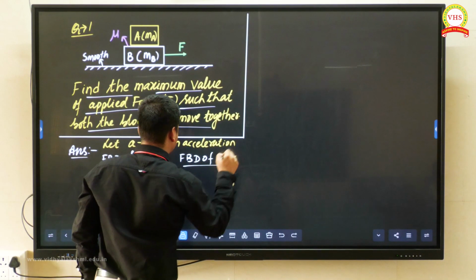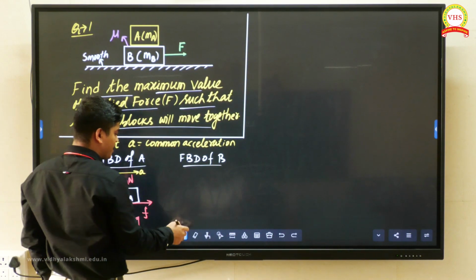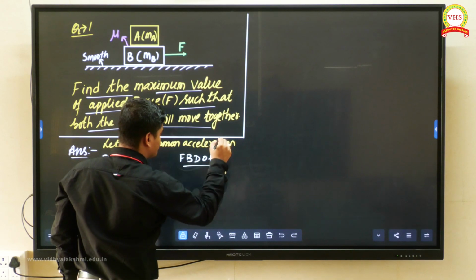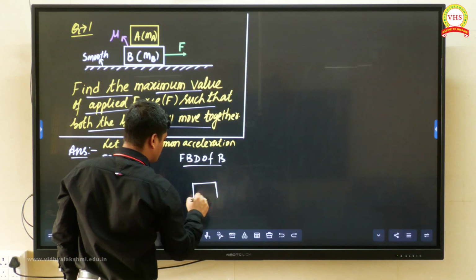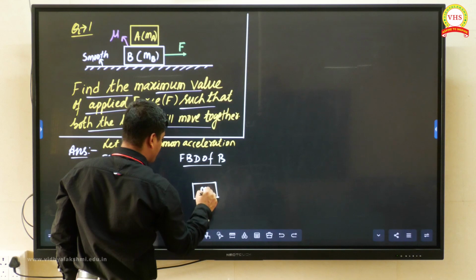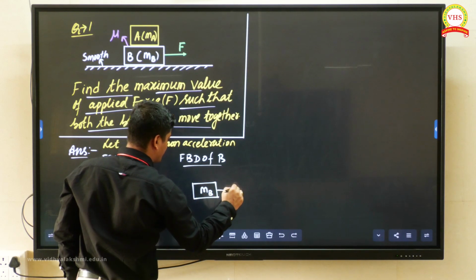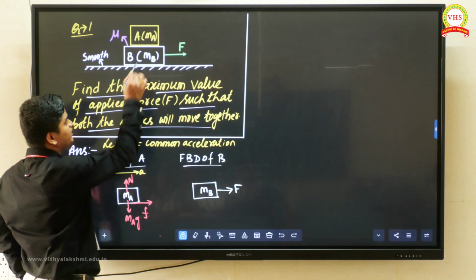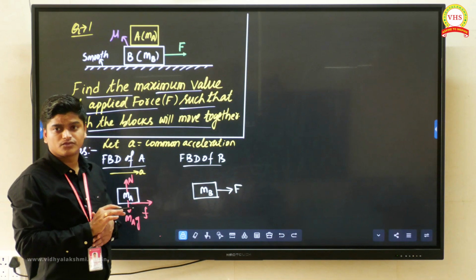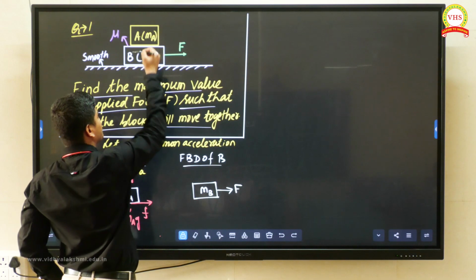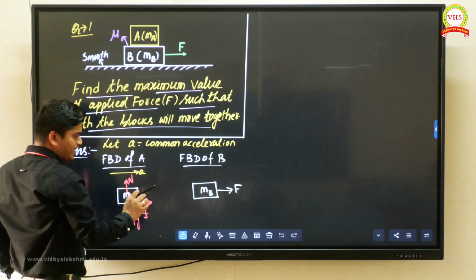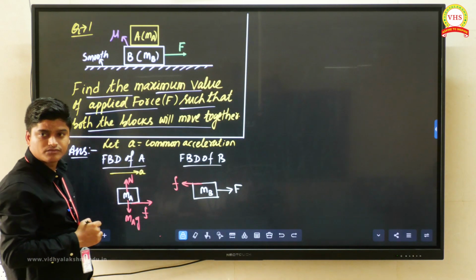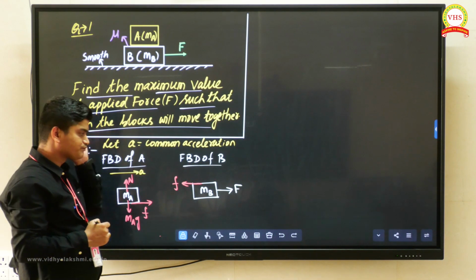Now similarly for object B. Everyone listen: here B is there, mass is MB, with one applied force F in this direction. Now for B, how will the friction act, you say? If this block is moving in this direction, definitely for the other one friction will act in the opposite direction, yes or no?